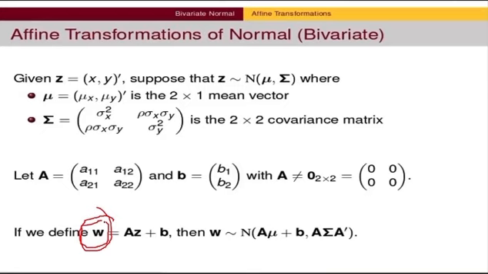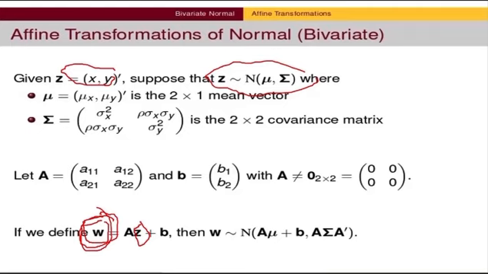When X and Y jointly follow a normal distribution, because here this Z contains X and Y that follow a normal distribution, then I'm also expecting W, which is a linear combination of X and Y, to also follow a normal distribution. Okay, that's what I mean.